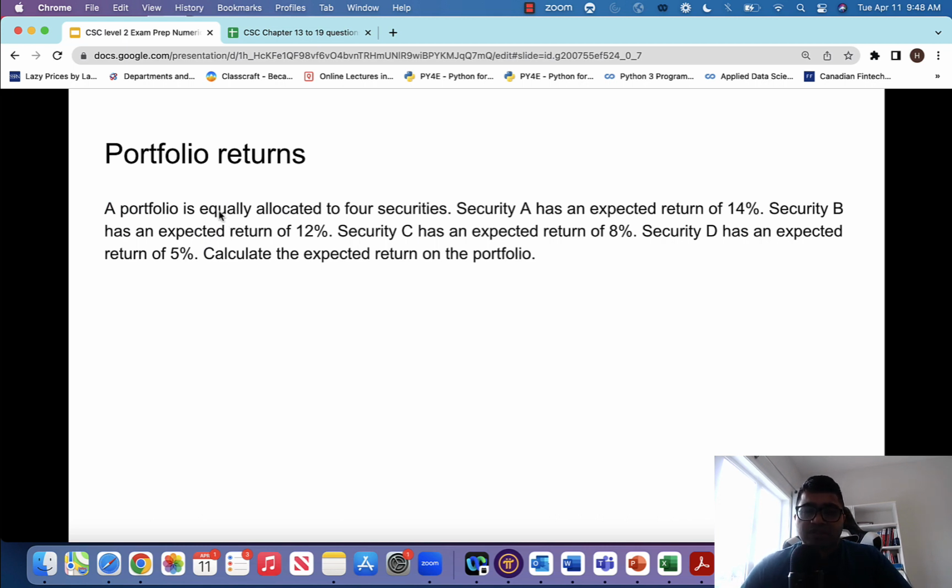Okay, that's the first question. The next type of question that you will come across is portfolio returns. Again, a very important concept, you're likely to get it. So the portfolio is equally allocated to 4 securities. Security A has an expected return of 14%, security B has an expected return of 12%, C 8% and D 5%. Calculate the expected return on the portfolio.